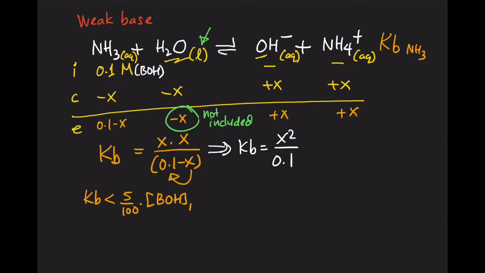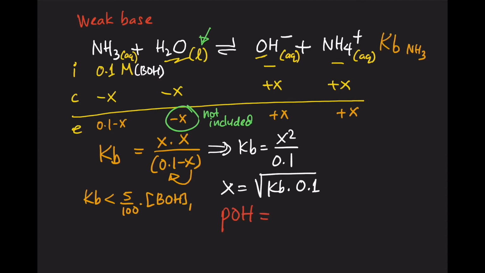So now X will be equal to, again, square root of Kb multiplied by 0.1. However, here be very careful. The X, in this case, is actually over here, which is the concentration of OH minus. So in this case, what we can immediately calculate is first the pOH.